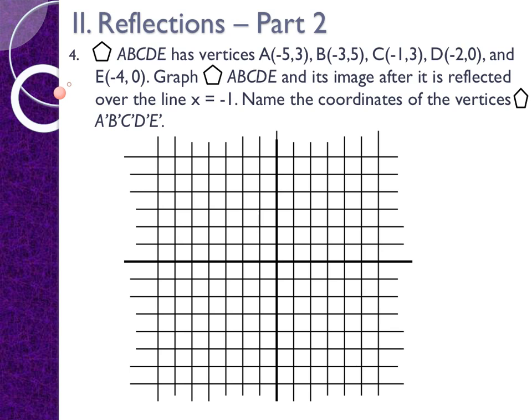Number 4, pentagon ABCDE has vertices A (-5, 3), B (-3, 5), C (-1, 3), D (-2, 0), and E (-4, 0).